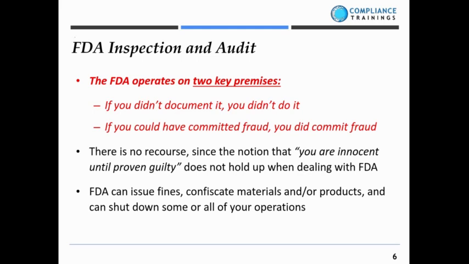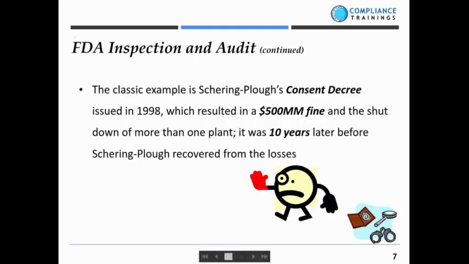Now, as consequences, the FDA can issue fines, they can confiscate material or products, and they can shut down some or all of your operations. A classic example of where this occurred was Schering-Plough in 1998, which was issued a consent decree. Now, FDA typically will issue a 483 citation, which is sort of like a speeding ticket.